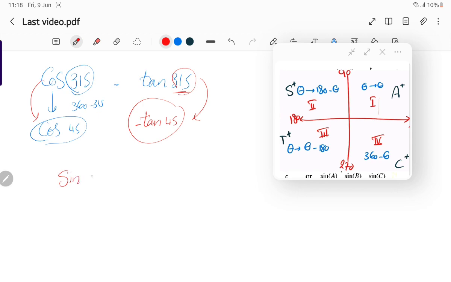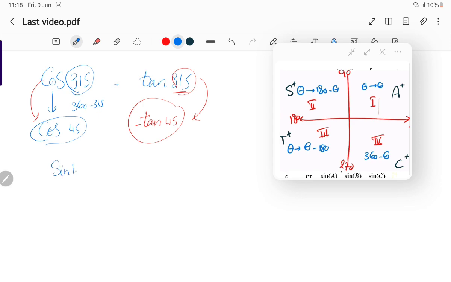Sine 225. This is the third quadrant, the rule is theta minus 180, and the sign is negative in the third, so it's negative sine. 225 minus 180 is 45, so the answer is negative sine 45.